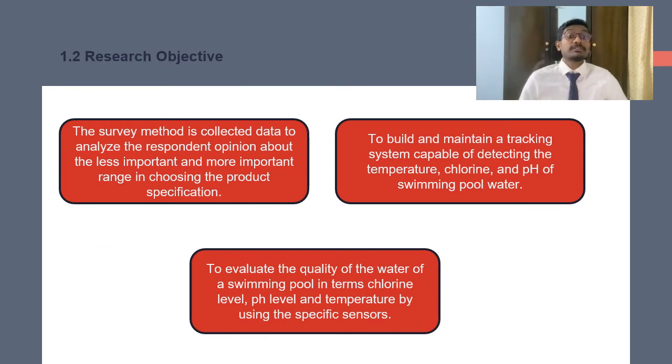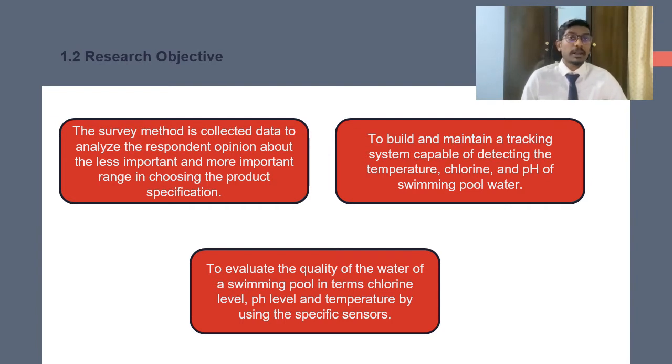Now you can see the research objectives of my project. There are three. The first one is that the survey method collects data to analyze the respondents' opinions about the less important and more important range in choosing the product specifications.